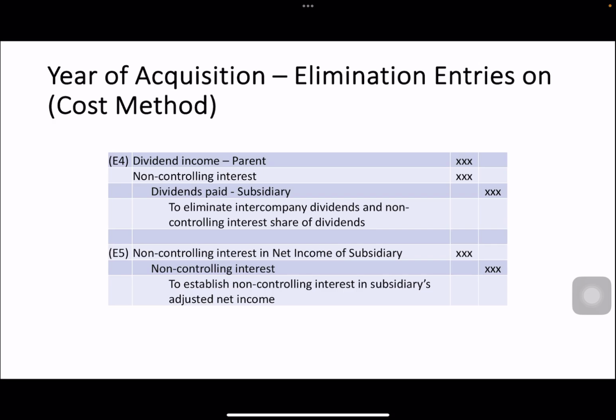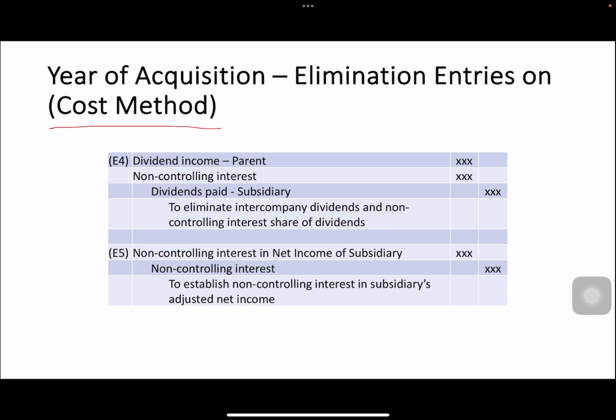The fourth eliminating entry on the first year of acquisition pertains to dividends paid by the subsidiary. Recall that under the cost method, the parent recognizes dividends paid by the subsidiary as dividend income. Recall as well that upon consolidation, the parent and its subsidiaries are considered to be just one economic entity, and therefore, dividends between the subsidiaries and the parent should not be recognized.